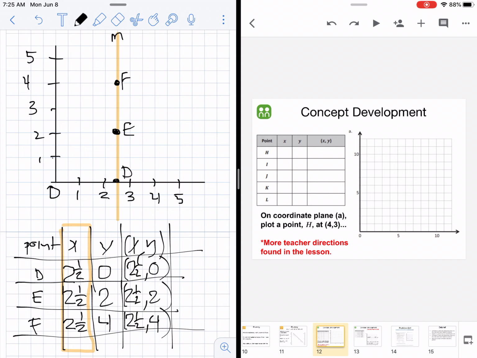From the y-axis, point D is 2 1/2, E is 2 1/2, and F is 2 1/2. That x-coordinate is always the same. So the distance from the y-axis is 2 1/2 because the x-coordinate is always the same.